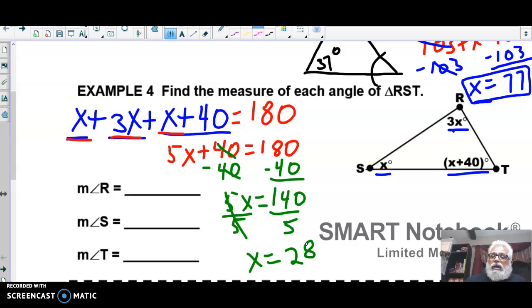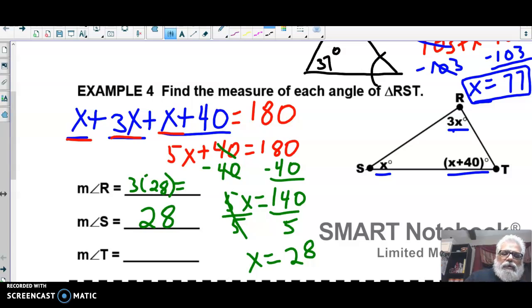Now they want the measure of each angle. So I'm going to do angle S first because that is x. So that is going to be 28. Then angle R is going to be 3 times 28. Use my calculator. Do my 3 times 28.